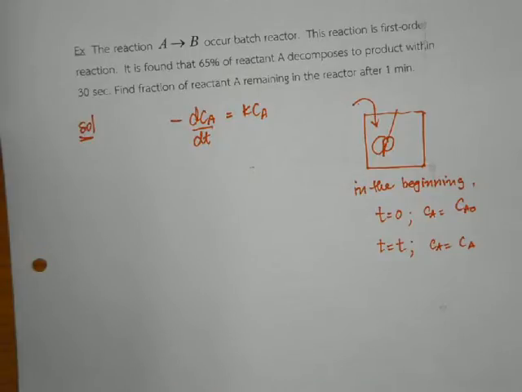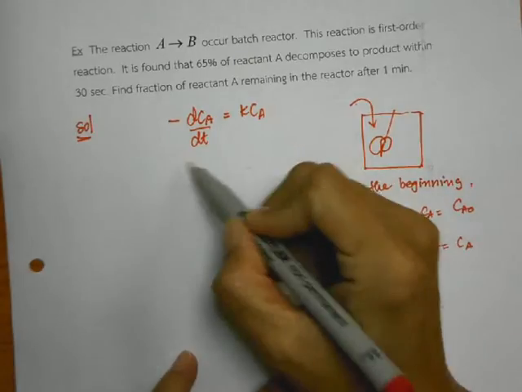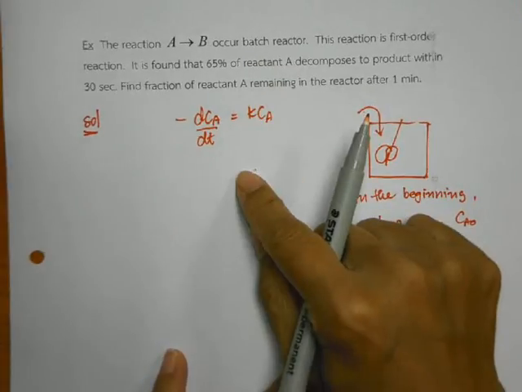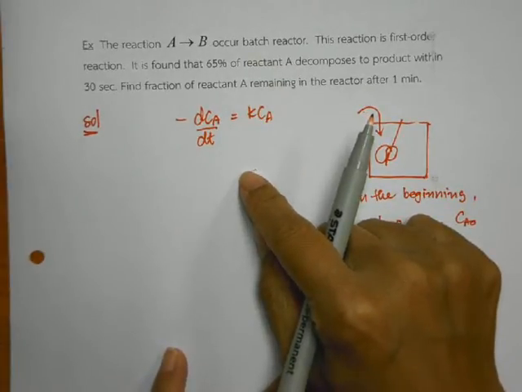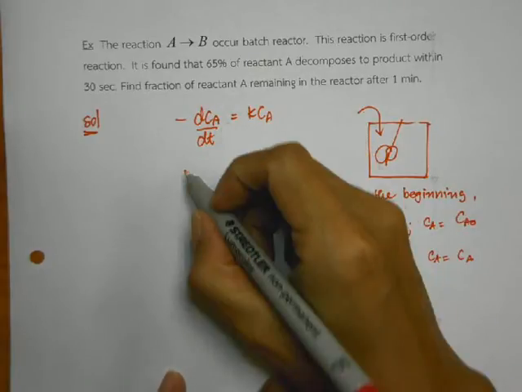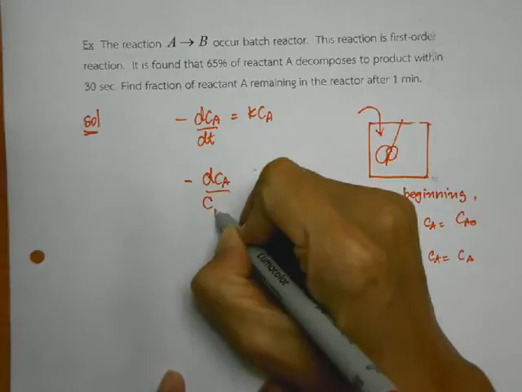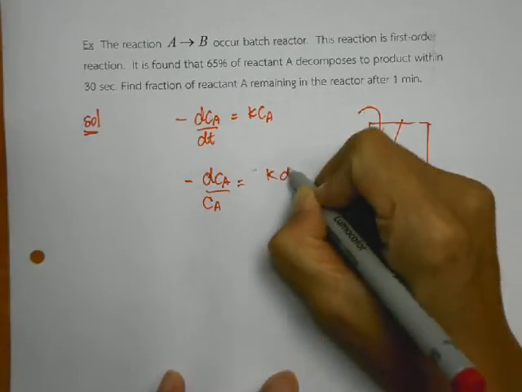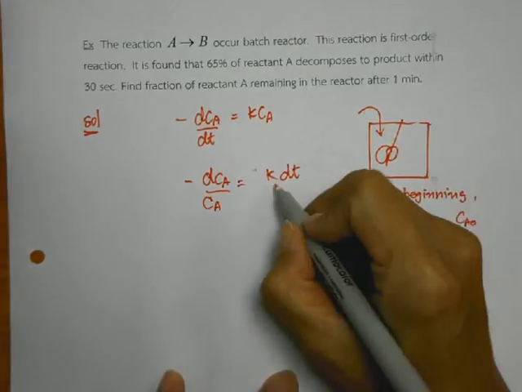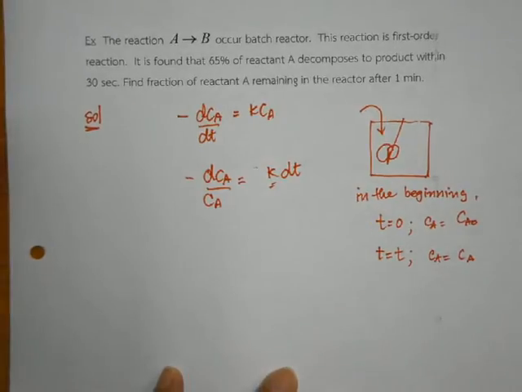Okay? So now this equation is the first order differential equation. It is a separable equation. So the way that we do, we would get to find the answer. k is the rate constant. It's the constant number.